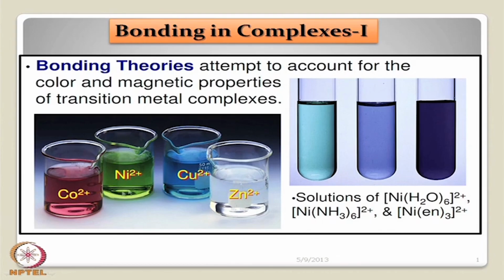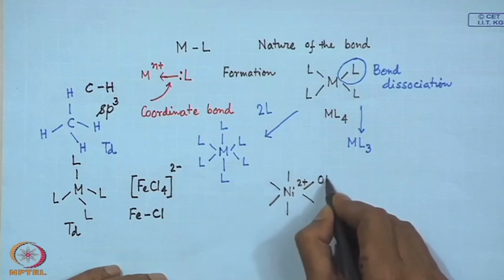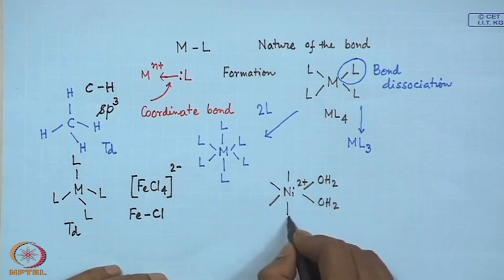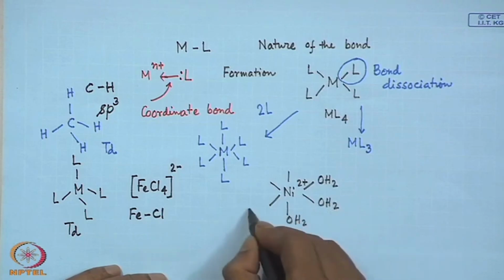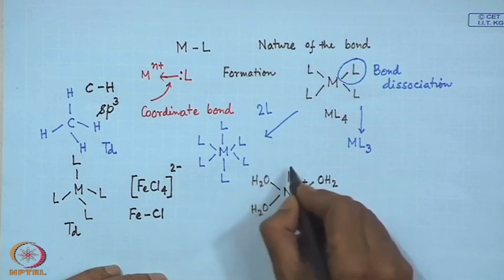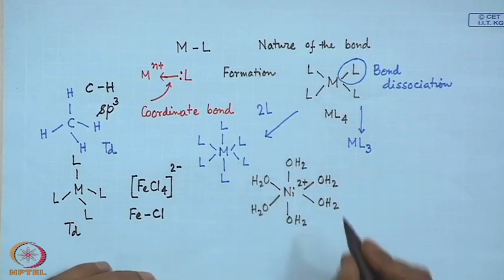So in all these cases, we all know that whenever we dissolve any nickel salt in water, the preference for that particular nickel center is that it will immediately bind 6 water molecules taking from the medium, and they are the ligands in the metal complex, that hexa-aqua complex.